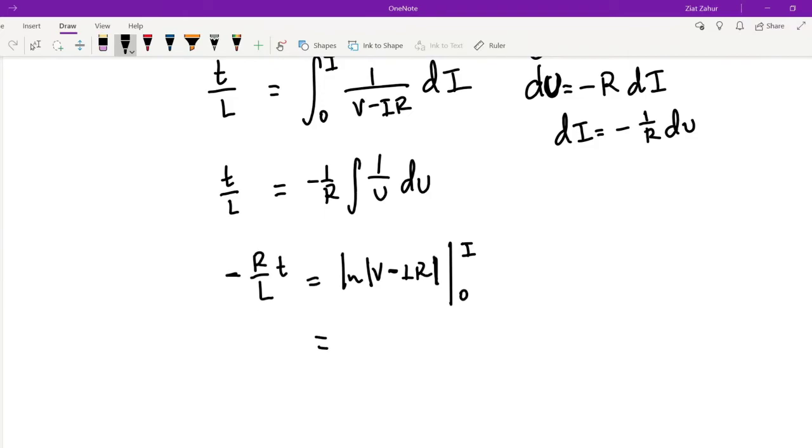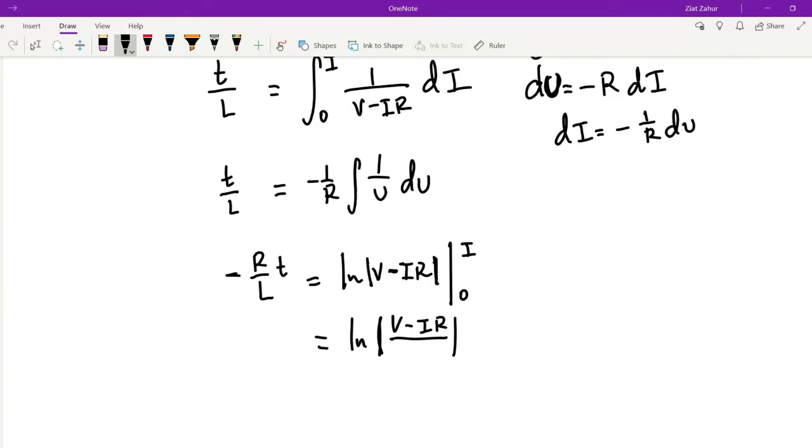Is equal to ln of, if I plug in I for I, I get V minus IR. Okay, and then if I subtract ln's, remember when you subtract ln's, that's the same as the quotient, minus ln of V minus 0 times R. Now, the 0 only affects the IR part.